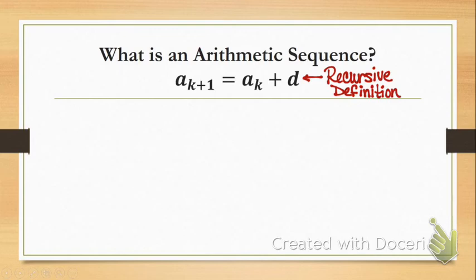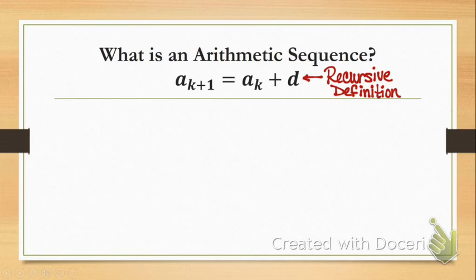We can graph this. What would it look like if we graphed a sequence? It's not going to be a horizontal line. Think about what we're allowed to use as input for a sequence.